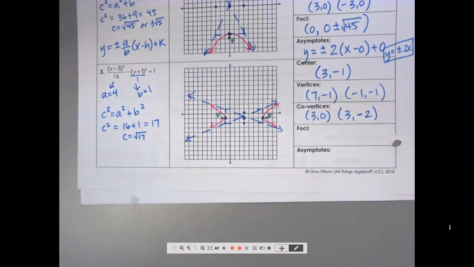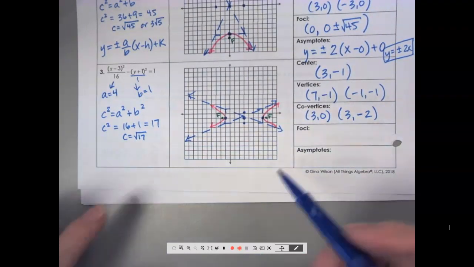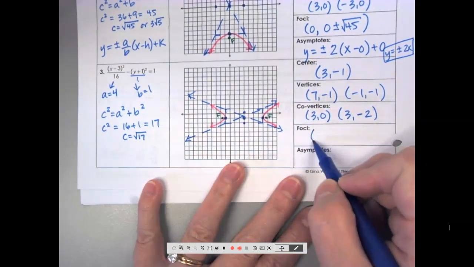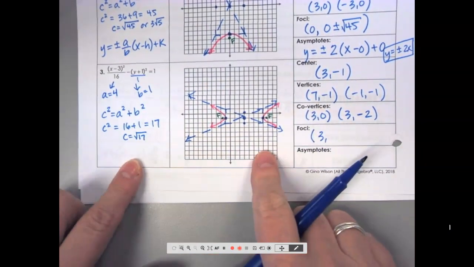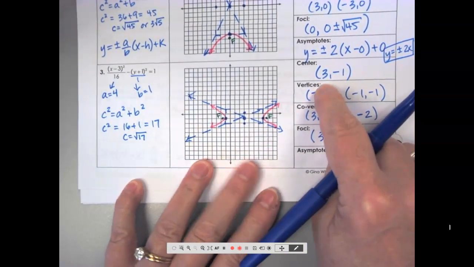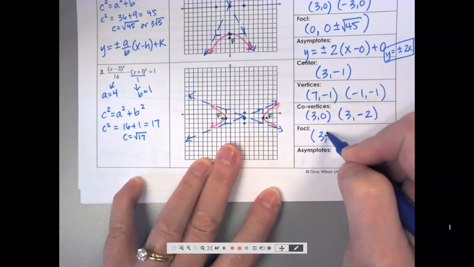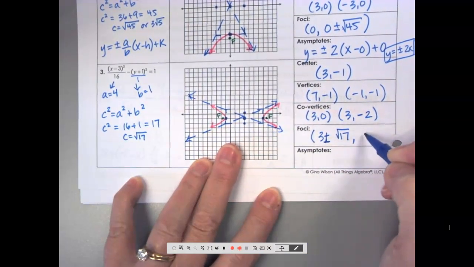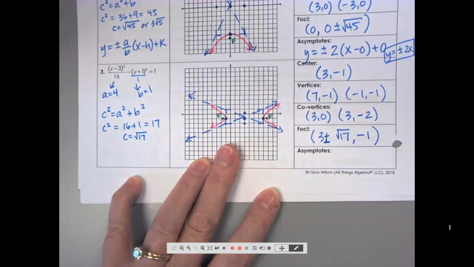And that puts the focus inside those curves. Okay, so this is the tricky one. It's not an easy point to figure out. So this is where we go from the center. Are we adding this square root of 17 to the x or the y? If I go left and right, it's adding to the x. So I take the x coordinate of the center, add and subtract square root of 17, and then the -1 is not changed.